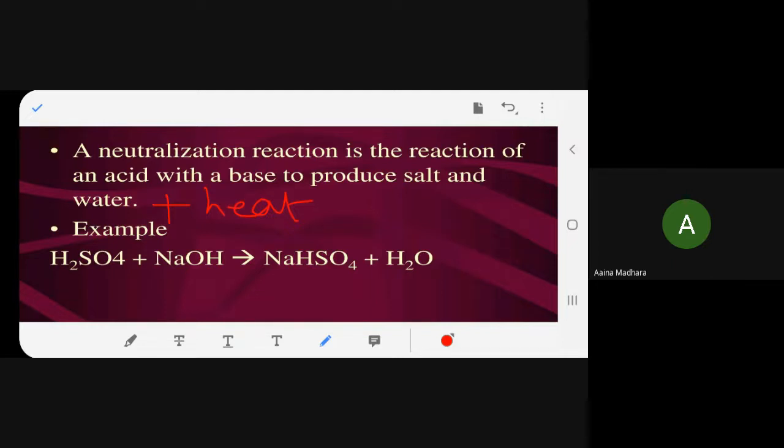Second example: what we're taking is sulfuric acid, H2SO4. Say it, sulfuric acid.